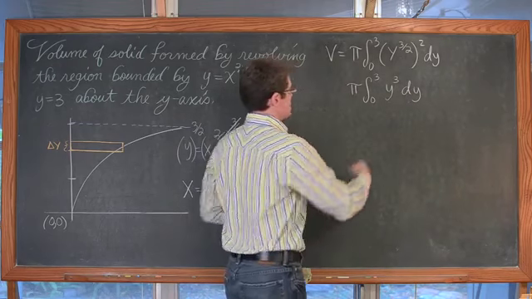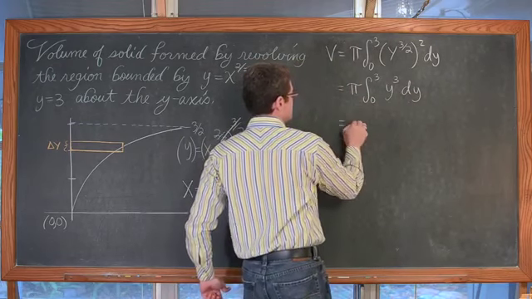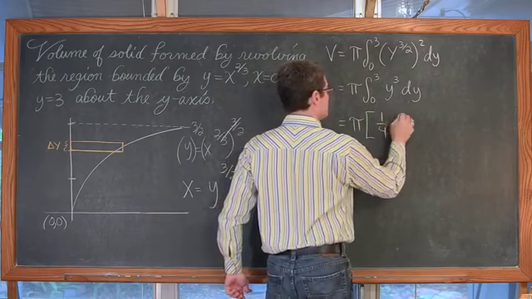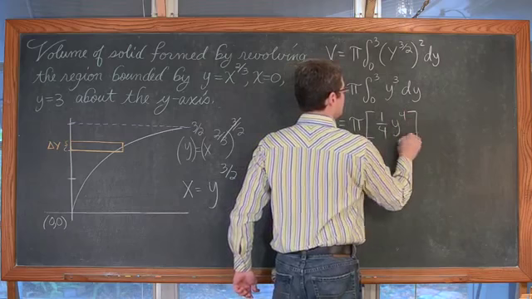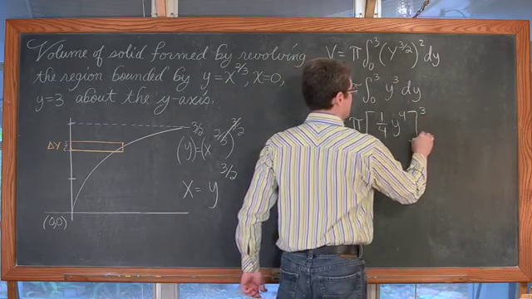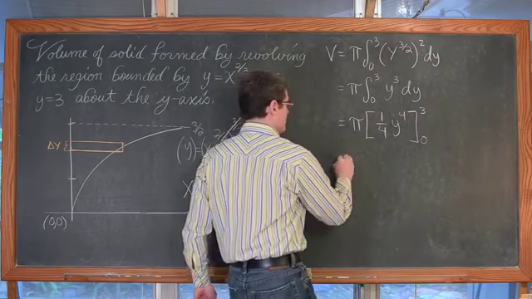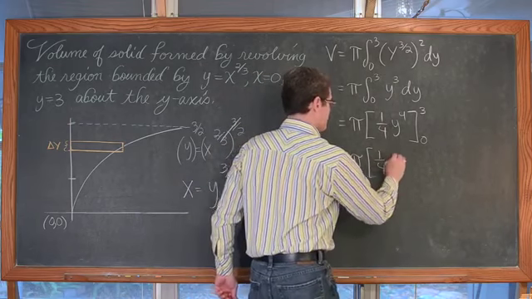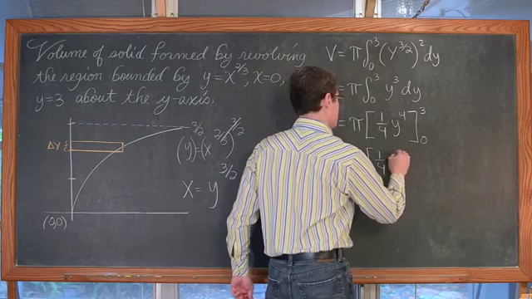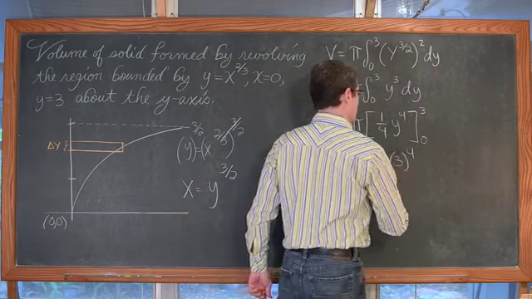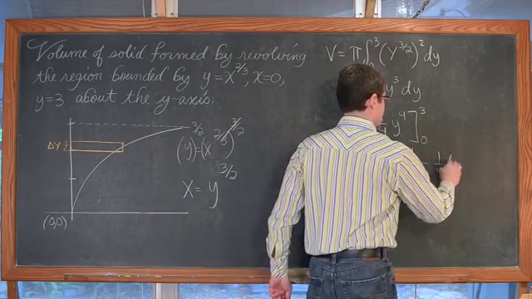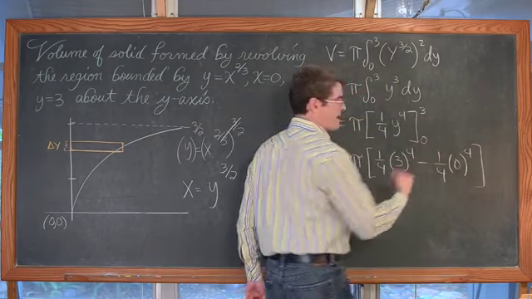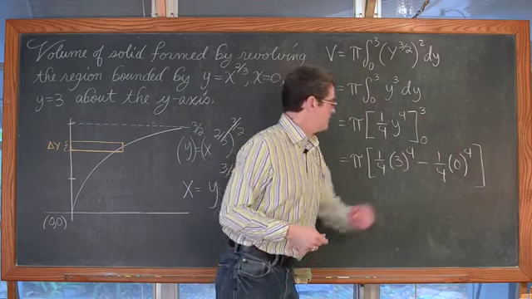Then we're going to just use the power rule and integrate this and get pi times 1/4 y to the 4th power, again with those limits of 0 and 3. And applying that, we get pi times 1/4 times 3 to the 4th power minus 1/4 times 0 to the 4th power, of course putting in our lower and upper limits, but that's just going to be 0, so I'm just writing that for teaching purposes.